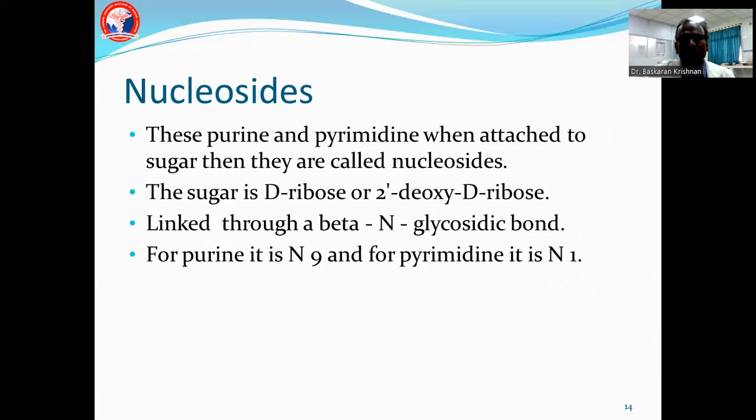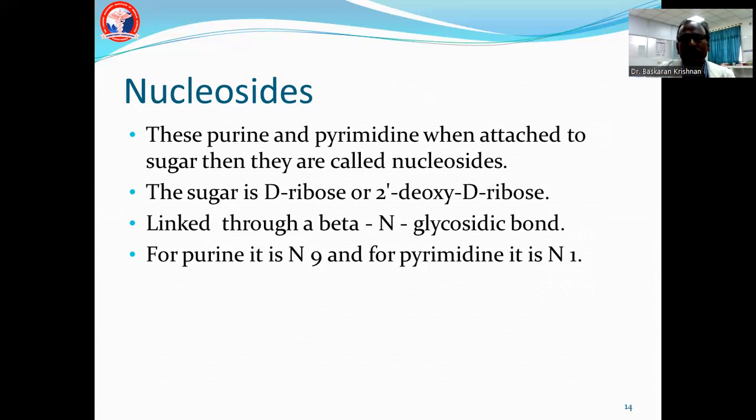Nucleosides: these purine or pyrimidine bases, when attached to sugar, simply, when adenine is attached to the sugar, are called nucleosides. The sugar can be either D-ribose or deoxy-D-ribose.